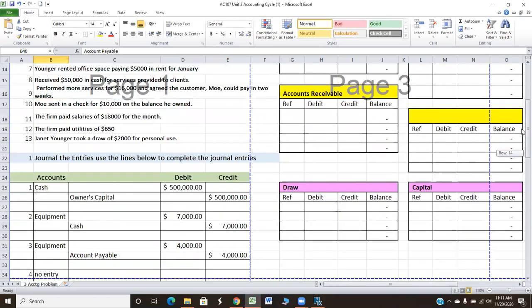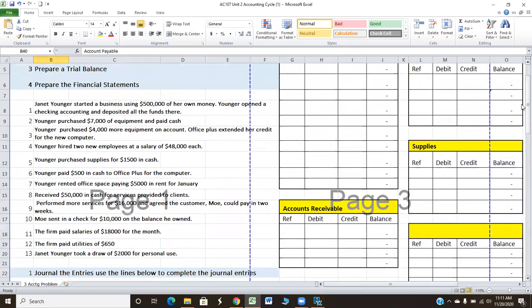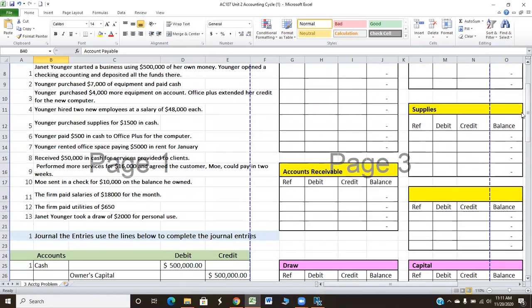All right, number 7. Younger rented office space, paying $5,000 in rent for January. Now we're in the adjusting entries, the accrual adjusting entries week, but this specific one does not have to do with adjusting entries. All it is saying is it's January and we're paying the rent we owe for January.